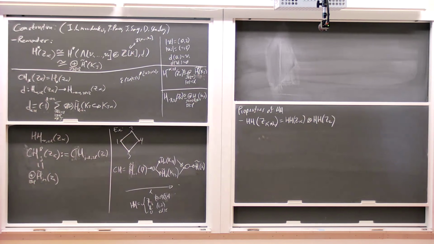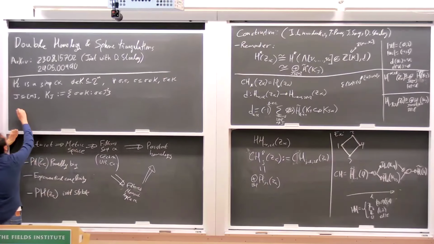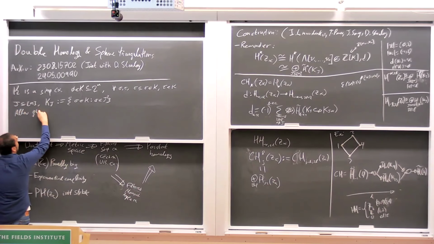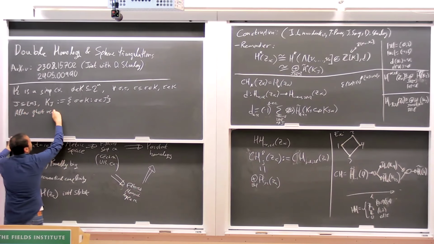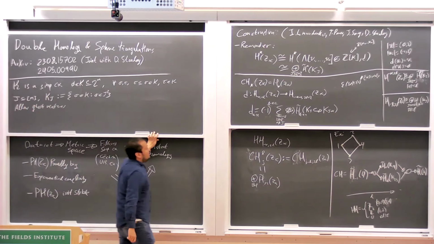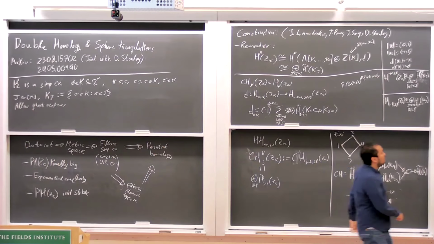The next one is, I guess something that I didn't clarify here is that I'm allowing those vertices. That is that there can be a vertex that is in the vertex set, but not in the simplicial complex.